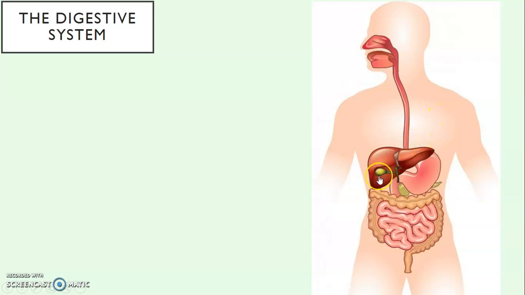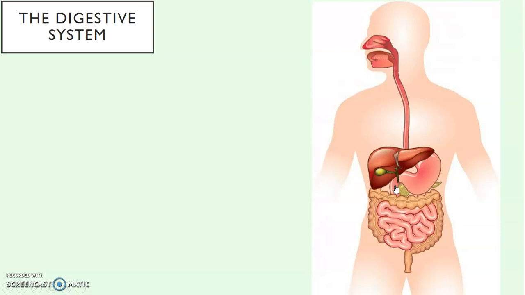So we'll follow the food down and then we'll come back to these other bits. So it then passes from the stomach once it's all broken down. There's this tiny bit here, which is where the stomach and the small intestine attach, and it's called the duodenum.